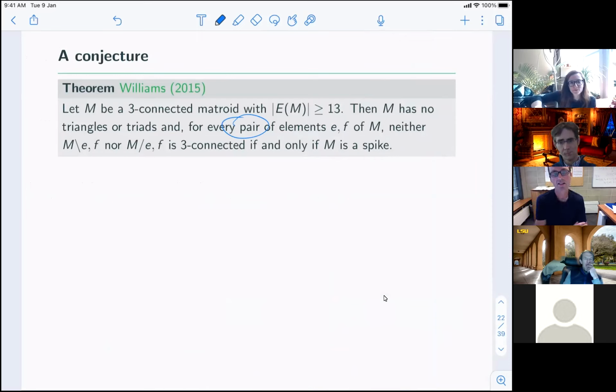Tutte's wheels and whirls theorem said, I don't need the condition on smaller circuits or co-circuits, but if I'm 3-connected and for every element neither its deletion nor its contraction is 3-connected, then you must be a wheel or a whirl. So if you think about how important wheels and whirls have been, the spikes in this context for pairs of elements are important.